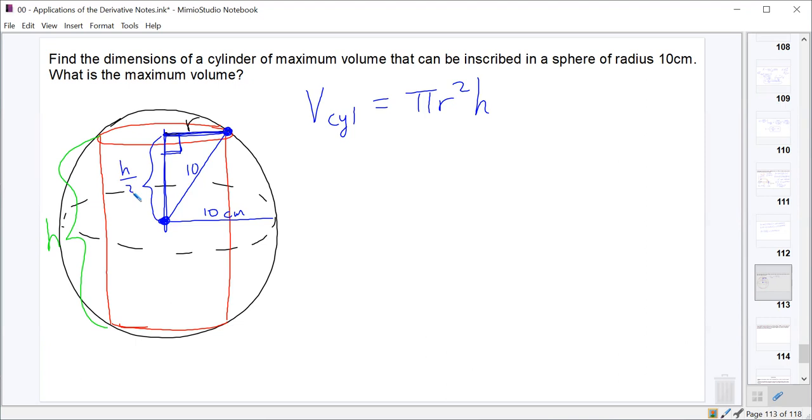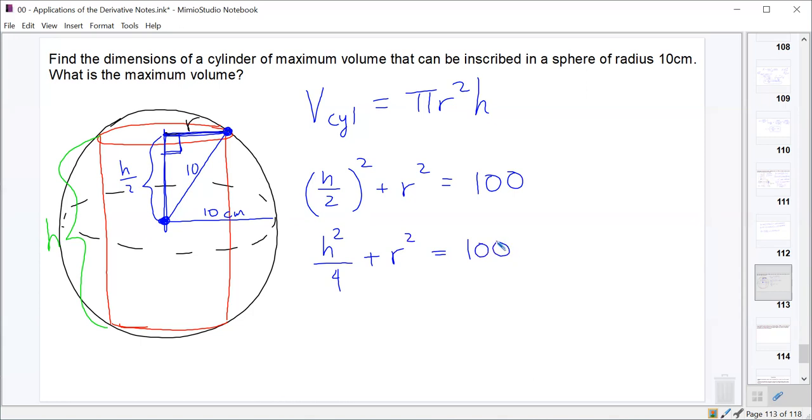So we could use the Pythagorean theorem to relate h and r such that (h over 2) squared plus r squared is equal to 10 squared, or 100. And (h over 2) squared is h squared over 4, so h squared over 4 plus r squared equals 100.